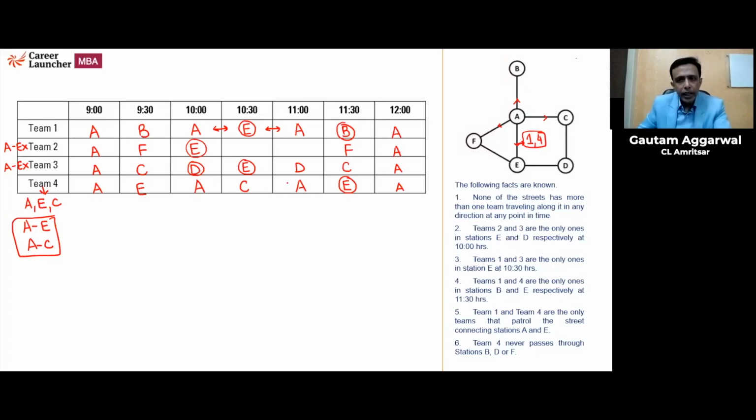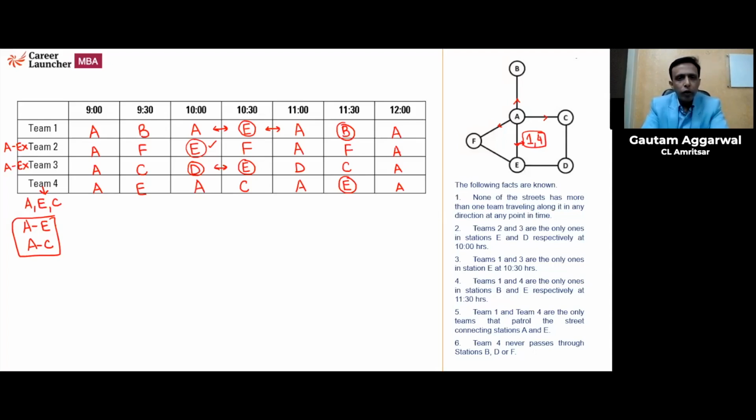Now, taking 2 intermediary routes, it has to reach F. It cannot travel on A, so what will it do? It will go to F. It was at E. From E, if it goes to D, it cannot go because this route is already used. It cannot travel on A, so it will go to F. From F again to A, again to F, again to A. Fine. So this would be the final route plan that has to be followed by all the 4 teams.